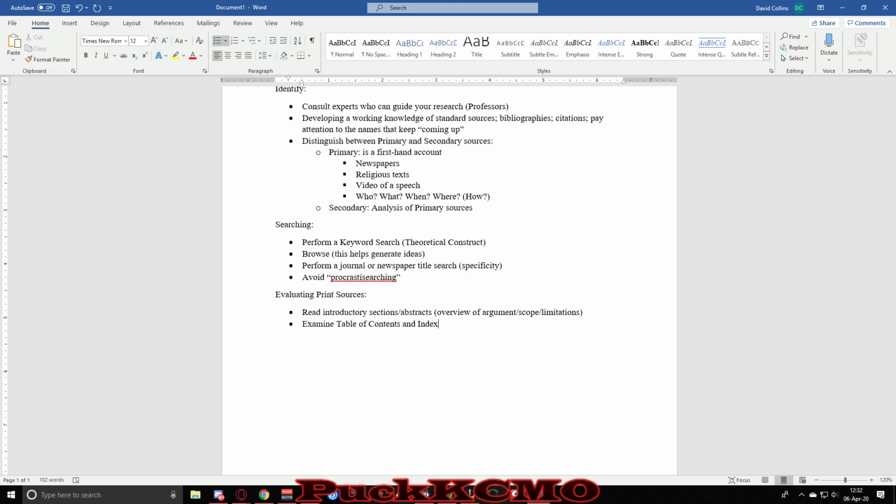It may even have a brief description of the information that's within that chapter. The index is at the back of the book, and the index is a list of keywords, right, and topics that are discussed within that book. Okay, often they give you page numbers, right, inclusive page numbers.